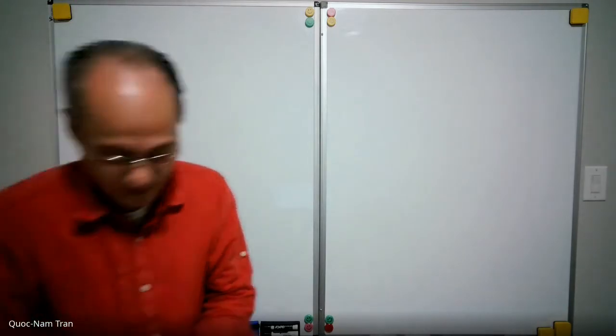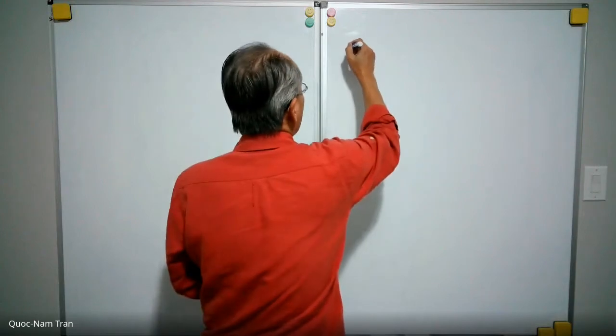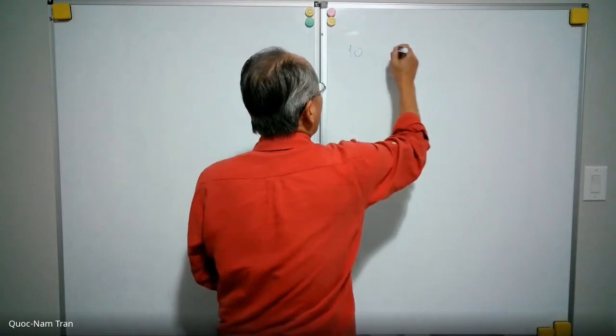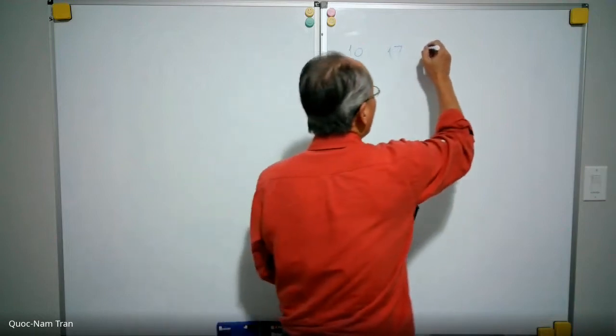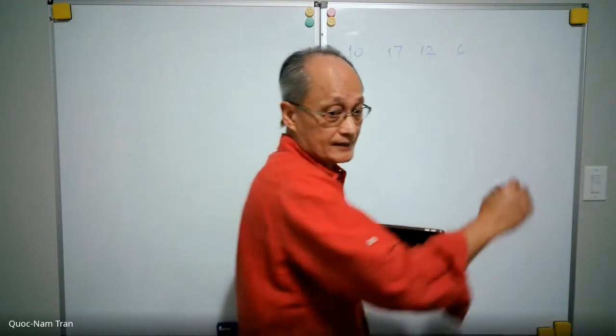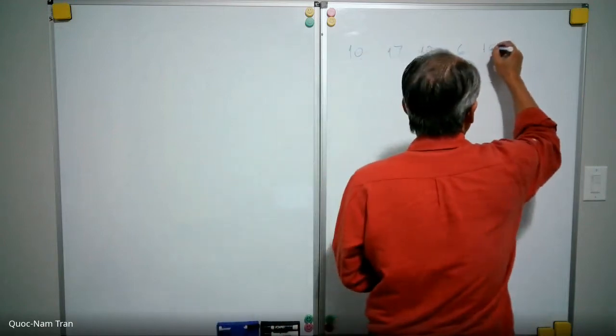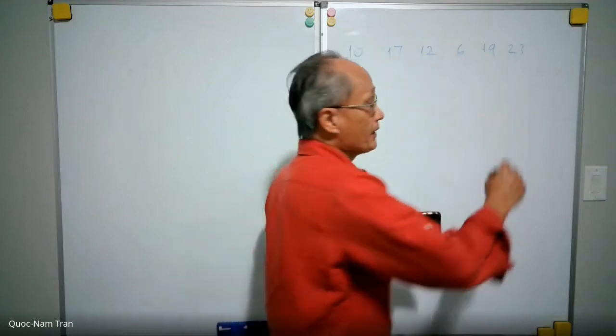Here is the list of numbers that we want to partition. Okay, we have 10, 17, and then 12, 6, 19, 23, and then we have 8 and 5.